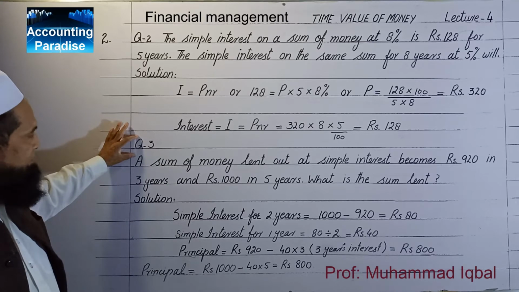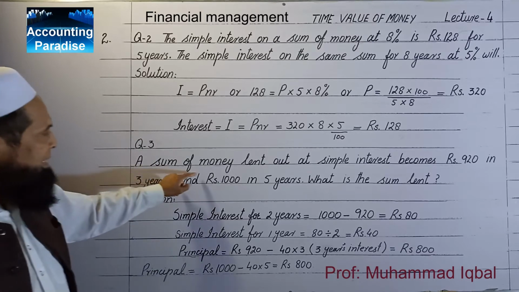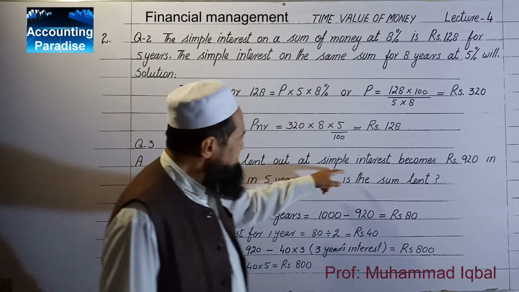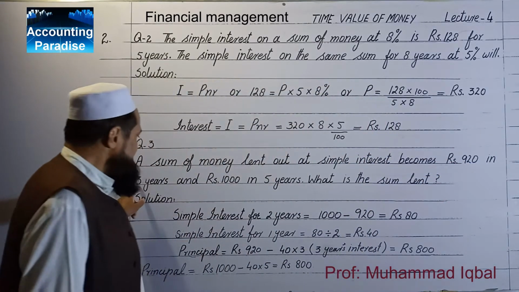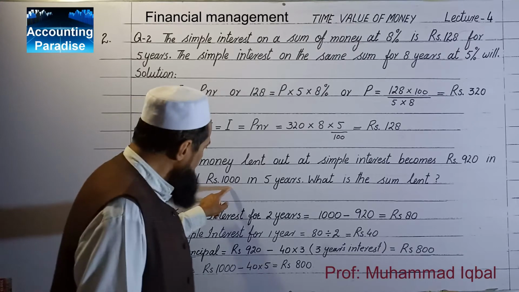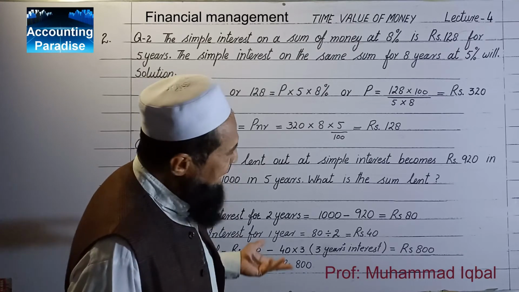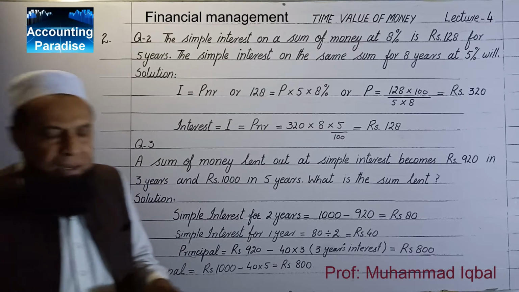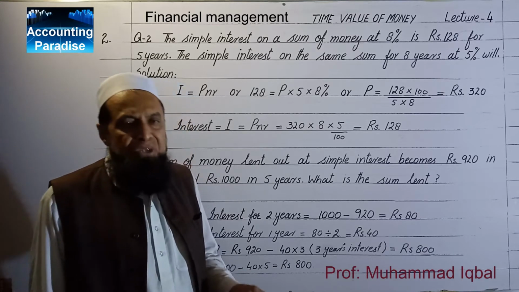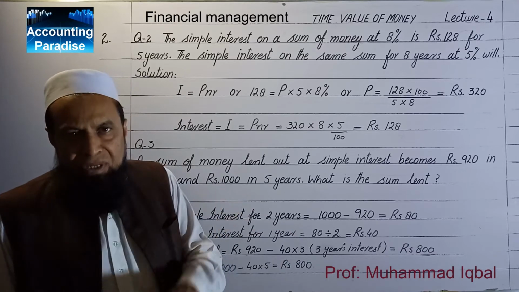Question number 3. A sum of money lent out at simple interest becomes 920 in 3 years and rupees 1000 in 5 years. What is the sum lent? We know that simple interest for 1 year is equal to the second year, is equal to the third year.